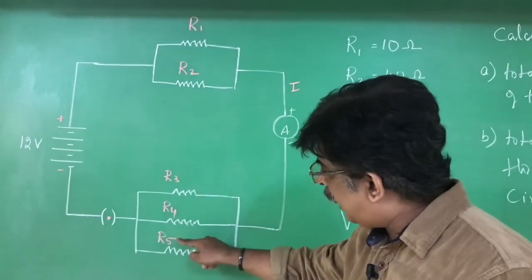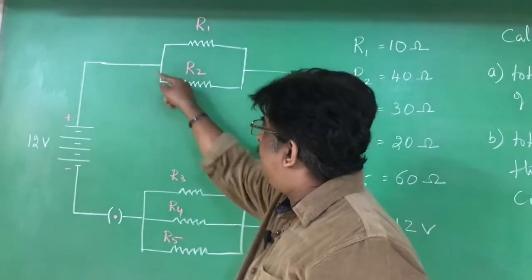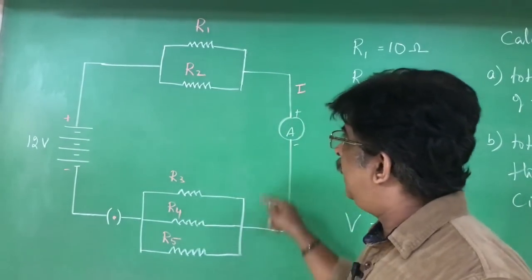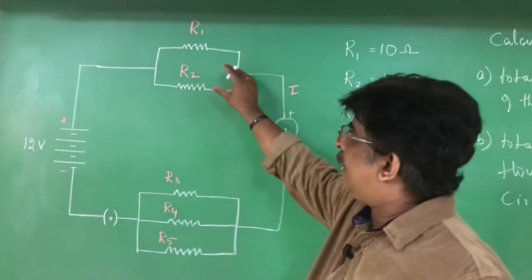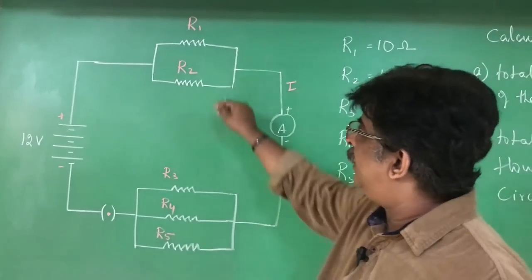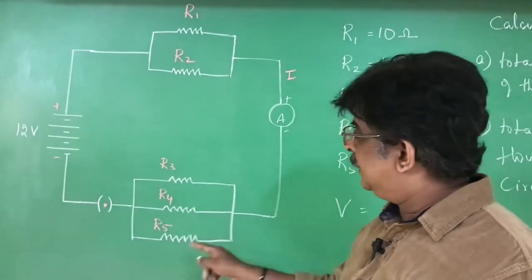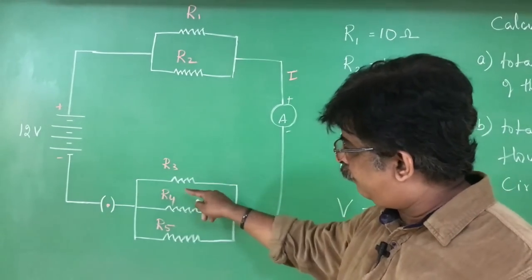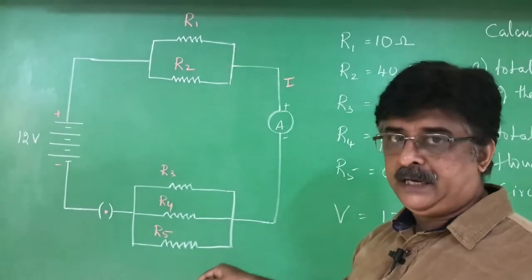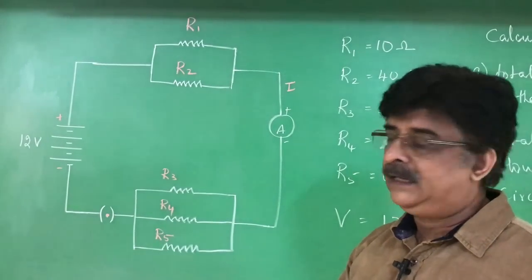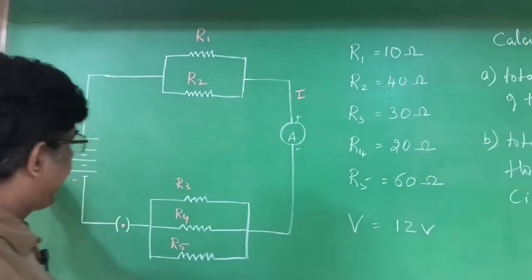R3, R4, R5 are connected in parallel. But this combination and that combination are connected in series. The first combination of R1 and R2 is in parallel. The second combination of R3, R4, R5 is in parallel. But the first and second combinations are connected in series. Right? And a 12 volt battery is connected.